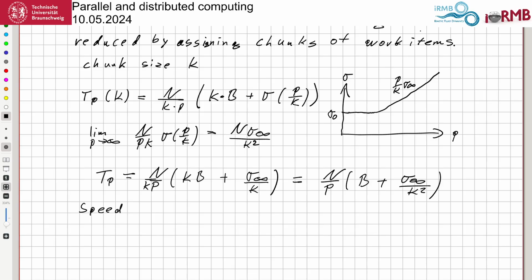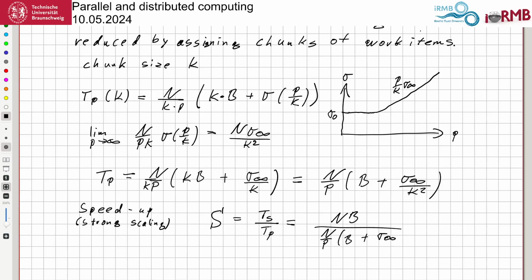So the speed up in strong scaling S is Ts divided by Tp, is then again n times b divided by n times p b plus sigma. So now my script is no longer correct, so I try to do it ad hoc.